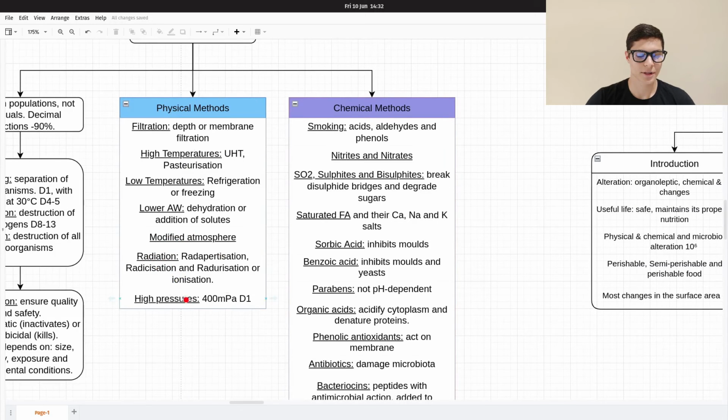And then an interesting one, which is new, the high pressures. High pressures at 400 megapascal actually is 1 decimal reduction.